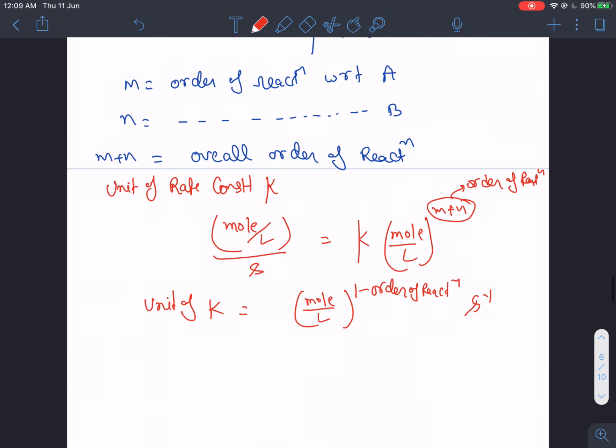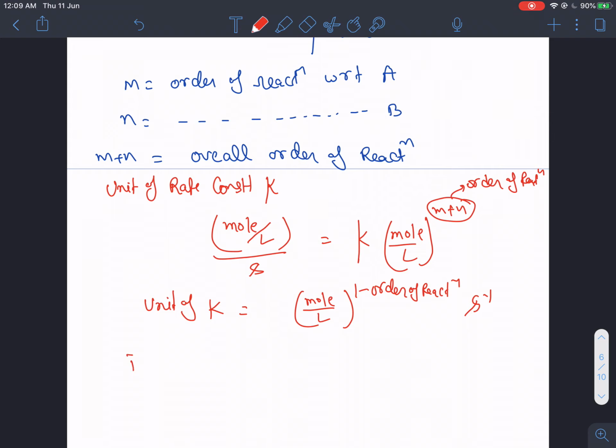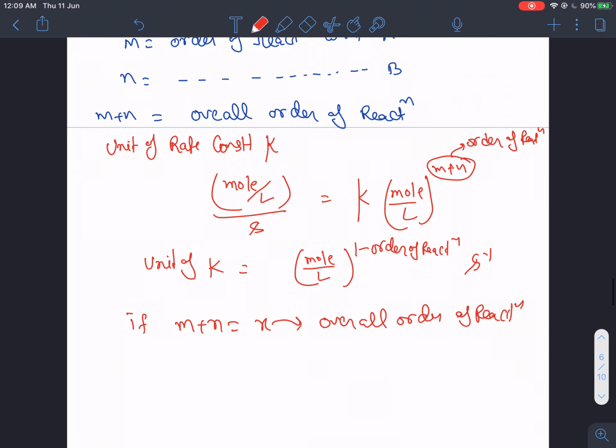Can I write like this? Suppose X is the order of reaction, if m plus n is equal to X, which is the overall order of reaction, then the unit of K is equal to mole per liter whole to the power 1 minus X per second. Make a note.